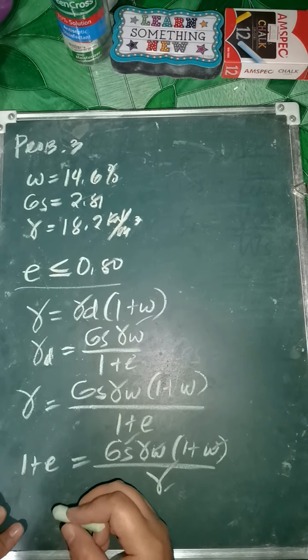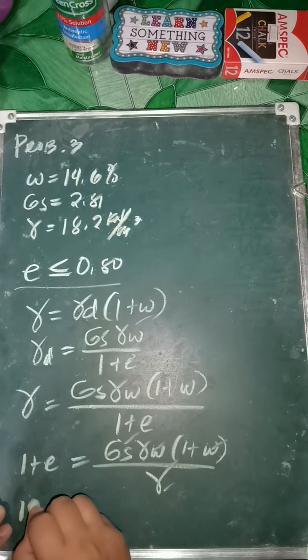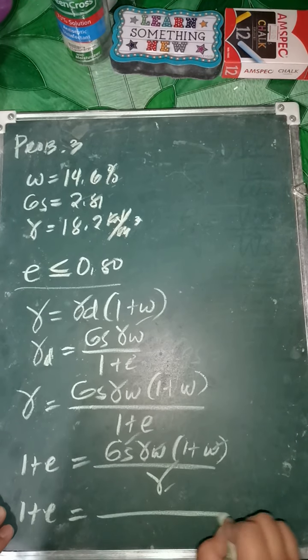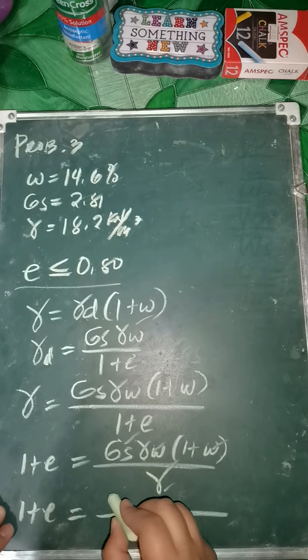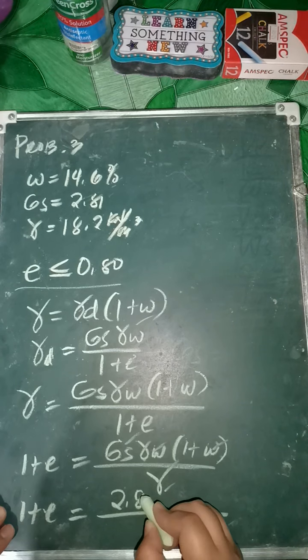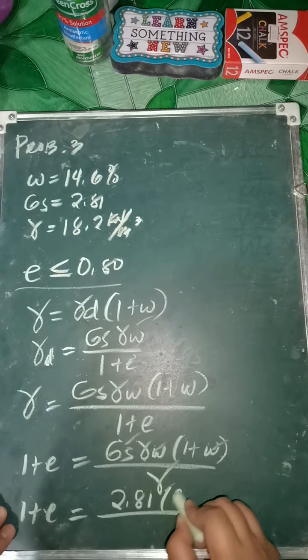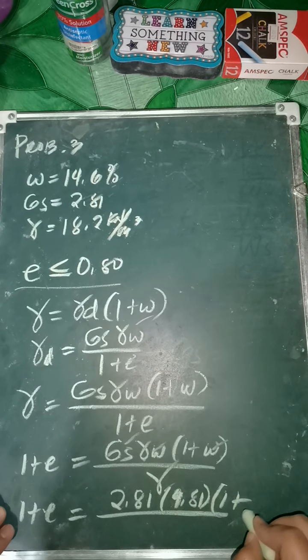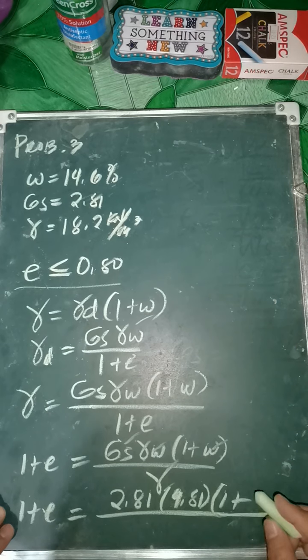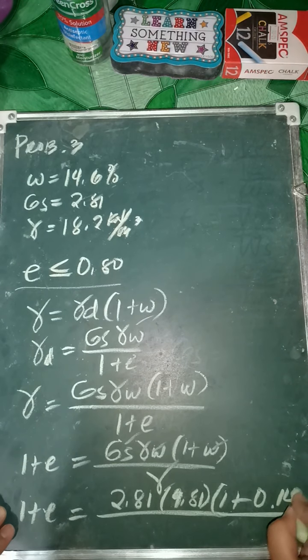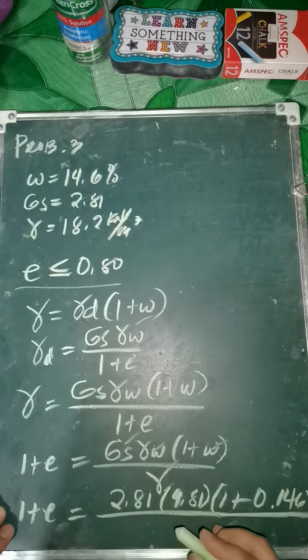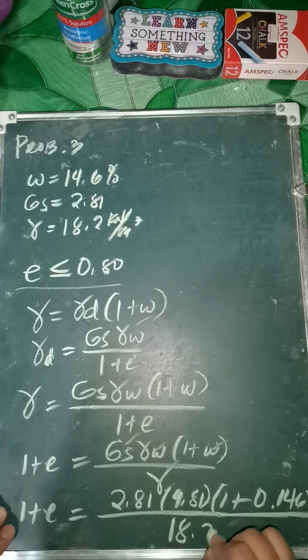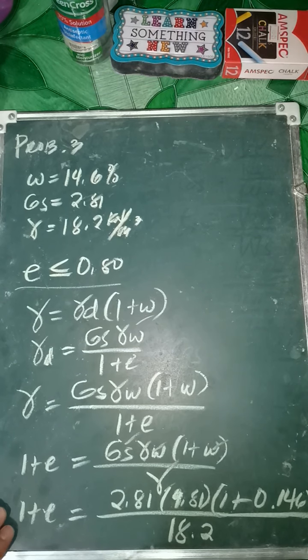We have 1 plus E. We have our Gs that is equivalent to 2.81 multiplied by 9.81 multiplied by 1 plus our moisture content that is 0.146, all over 18.2, that is our unit weight.